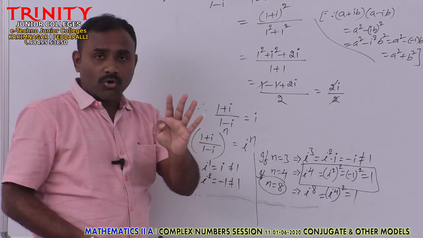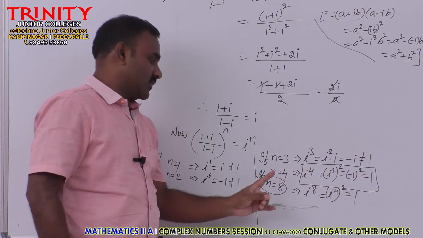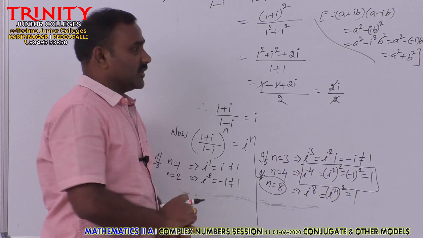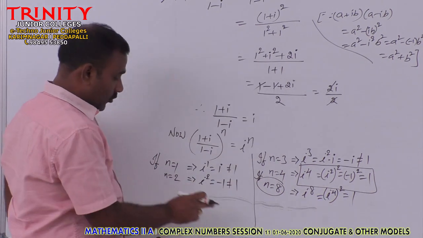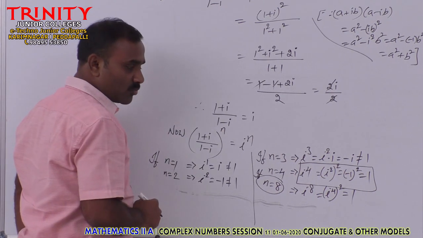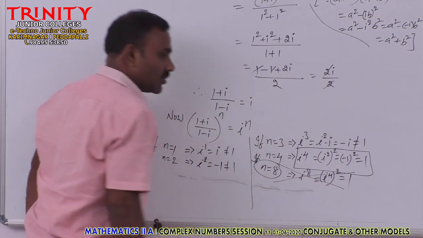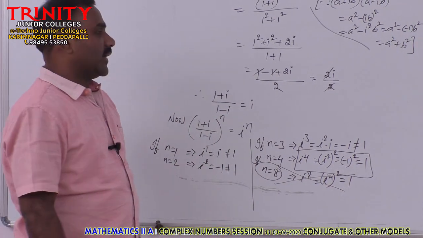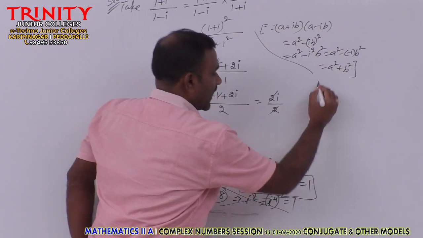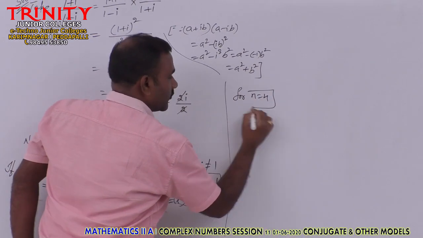But among 4, 8, 12, which is the least positive integer? That is 4. Therefore, for n is equal to 4, (1 plus i by 1 minus i) whole to the power of n value becomes 1. That's why we don't take n is equal to 8, we take n is equal to 4.